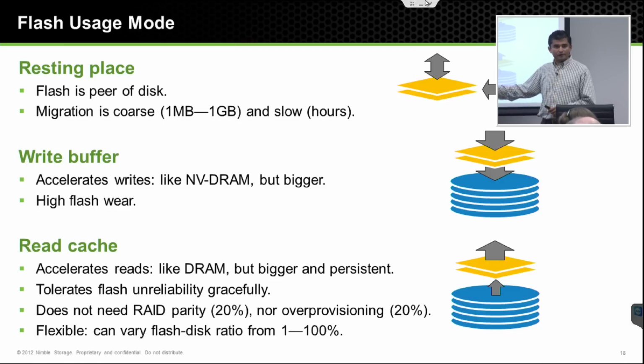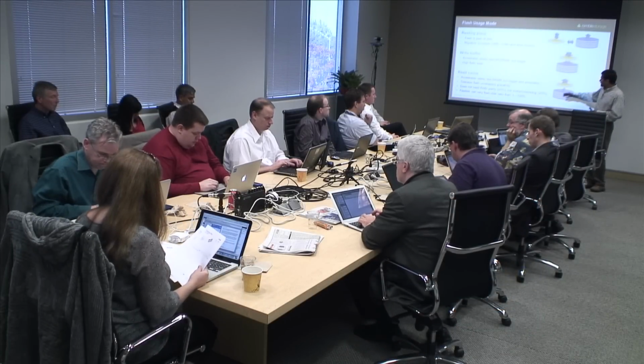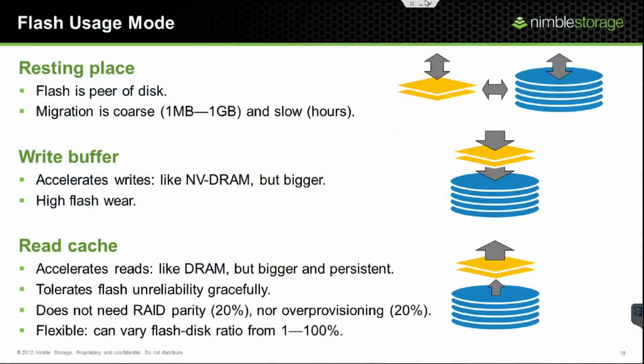Another big benefit of using flash is that since you can, in this case, lose data on flash, or similarly, you can increase the amount of flash to cache more data, we can easily change the flash to disk ratio. We still want a bare minimum so that it can store the metadata, because that's a big bang for the buck.